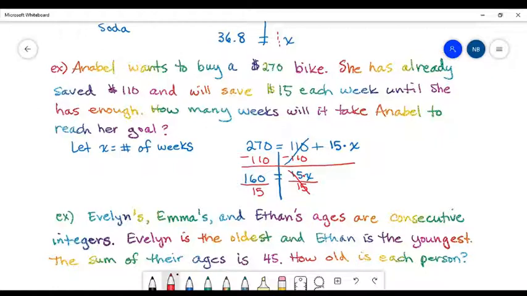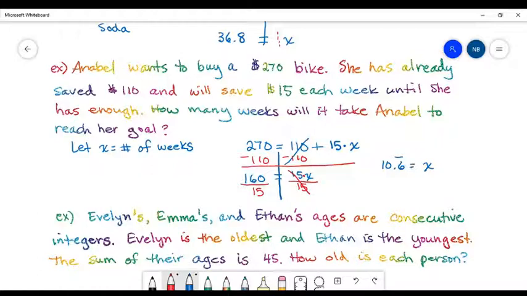And 160 divided by 15 is, I'm using my calculator, 10.6 repeating. Okay, I'm going to write that down. 10.6 repeating equals X. Question, is she going to have enough money after 10 weeks? 10.6 repeating is almost 11 weeks.